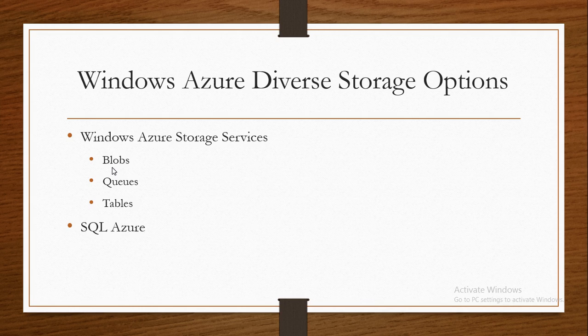These columns we call entities in Windows Azure Storage, and we will see that in detail in my upcoming videos. But just to give an introduction, if I have an entity called date entity, I can have one record with one date format, and another record can have a different date format. So it doesn't follow a very specific schema.